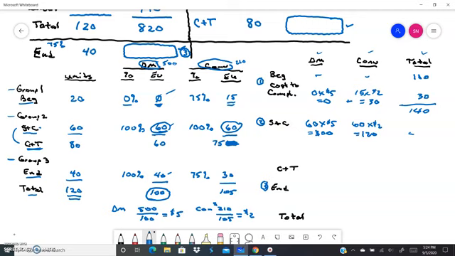So here we have $420. That's our total cost of group 2 units, and that's $420. So if we add those together, we would get total completed and transferred out production of $560. So that $560, if we go up above to the T account, that would be this number right here, $560.